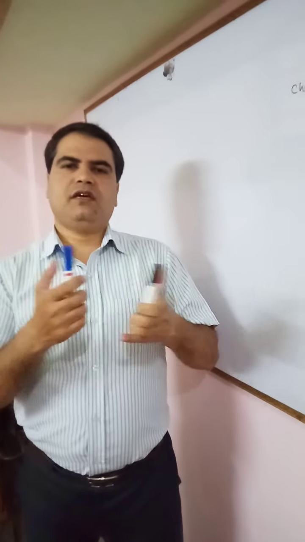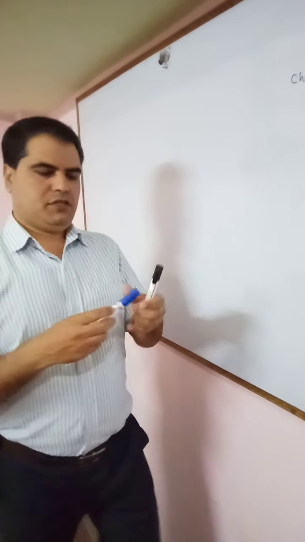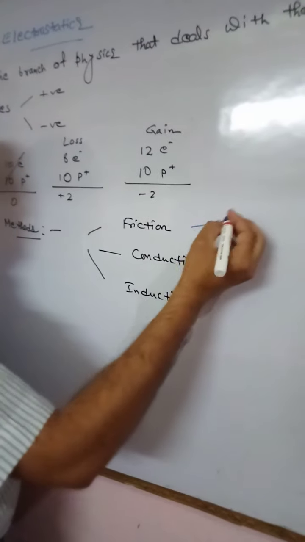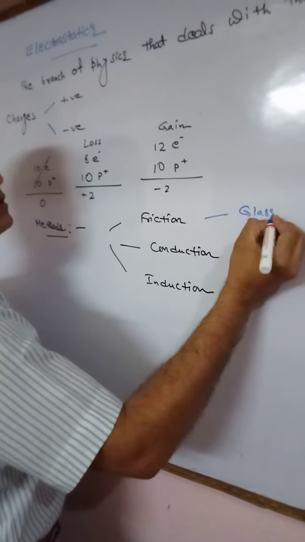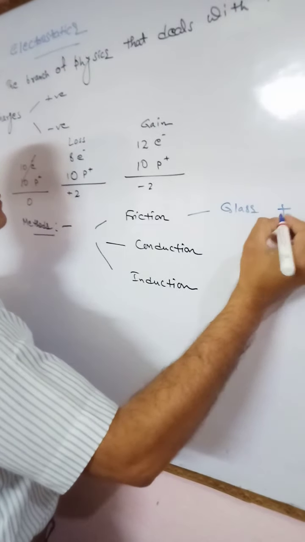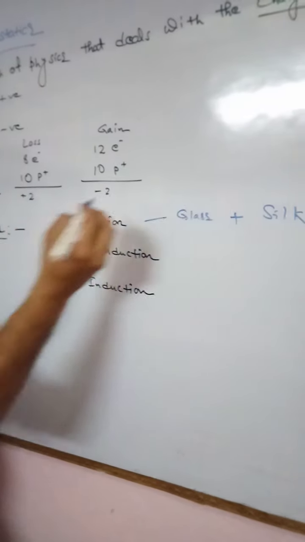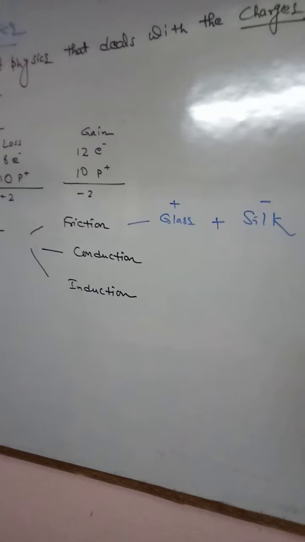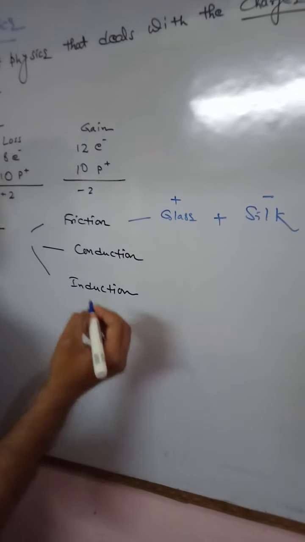Like suppose glass is rubbed with silk: glass will acquire positive and silk will acquire negative. Similarly, we have many things which can be rubbed together.